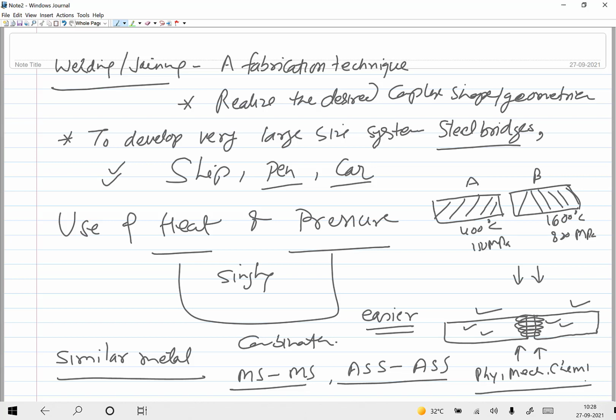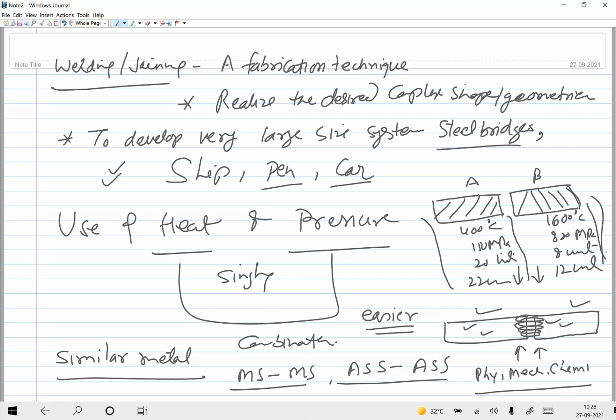The thermal conductivity of this one is just 8 units, and here it is 20 units. So completely different kinds of metals. The thermal expansion coefficient here is say 12 units, and here it is say 22 units. These are the typical characteristics of non-ferrous metals, and this is ferrous metals.